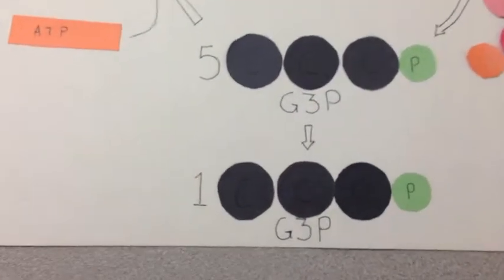Each time 1 G3P is lost, which is half of a glucose molecule.